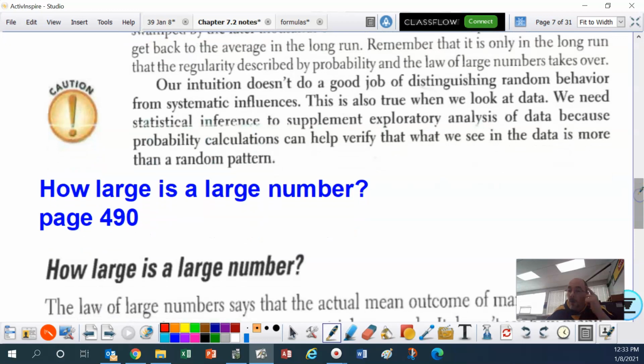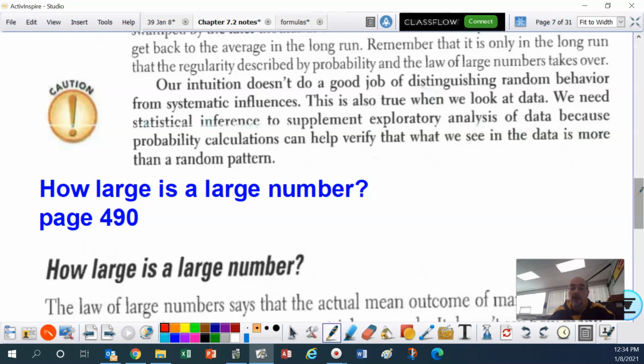Caution. Our intuition doesn't do a good job of distinguishing random behavior from systematic influences. This is also true when we look at data. We need statistical inference to supplement exploratory analysis of data because probability calculations can help verify that what we see in the data is more than random patterns.